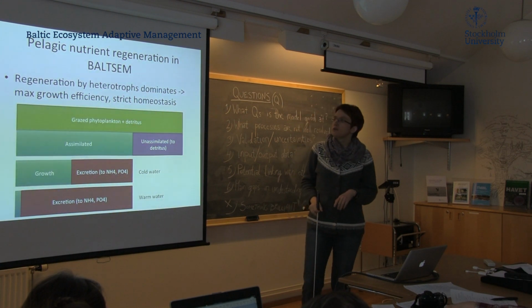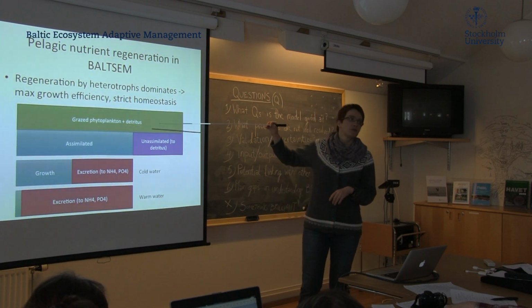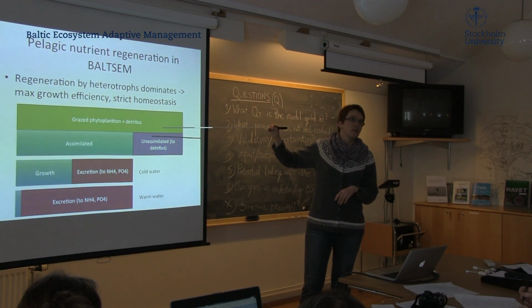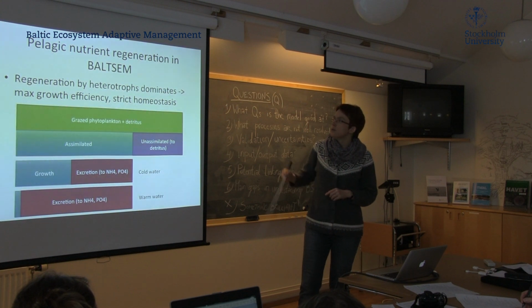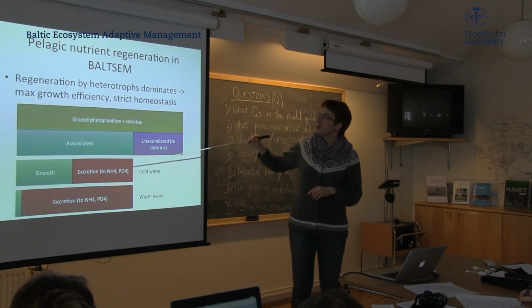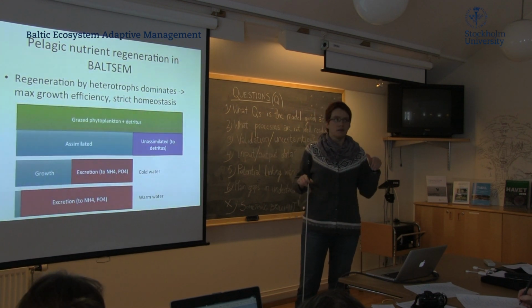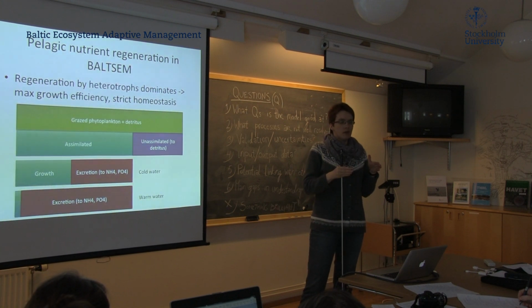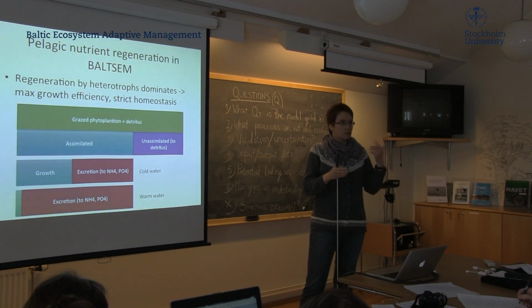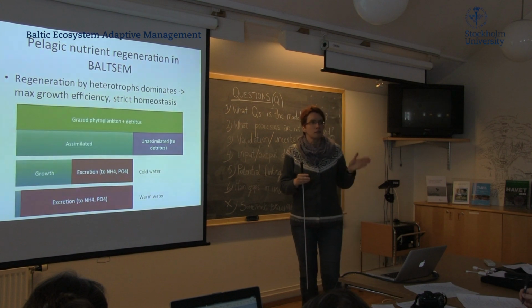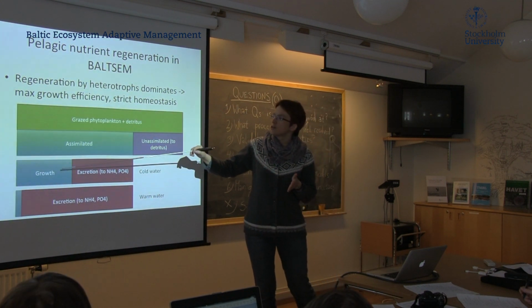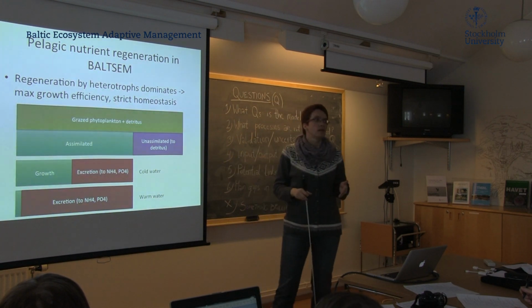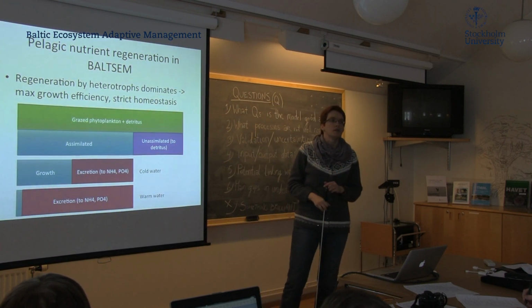That means that the NP ratio in the food to the heterotrophs is different from the phytoplankton and can also vary in time. And how this heterotroph component works, it basically compares the food composition to its own body composition, and then it has a maximum fraction that it can use, and basically excretes all surplus nutrients.